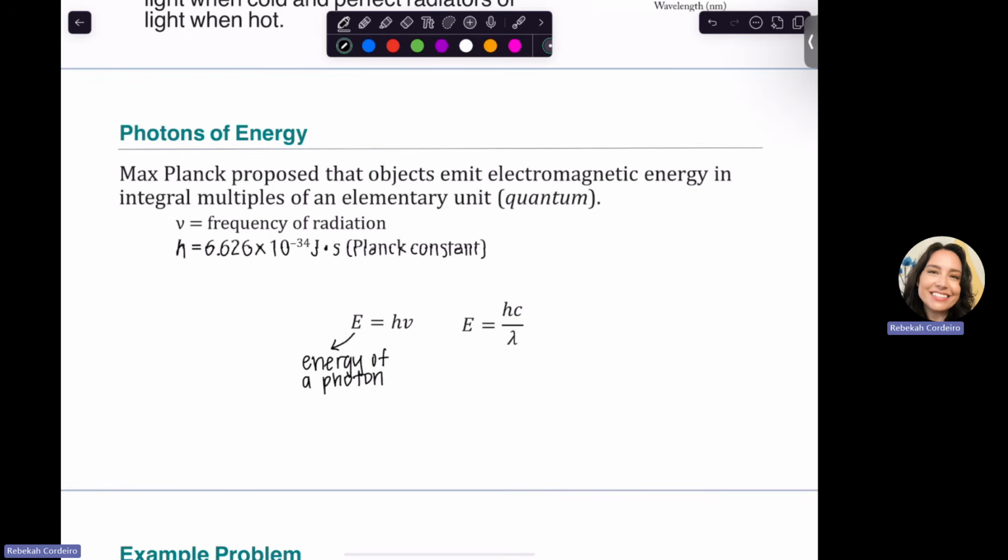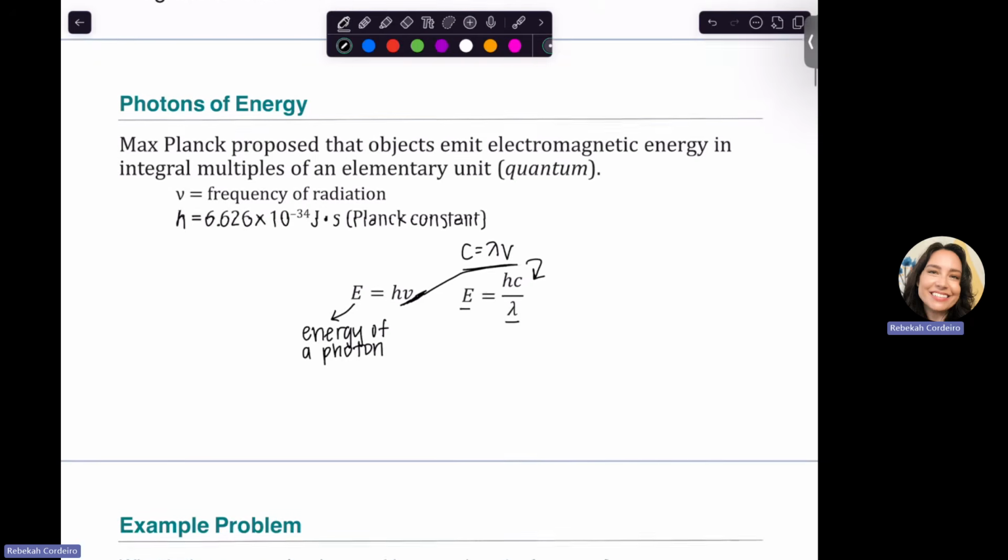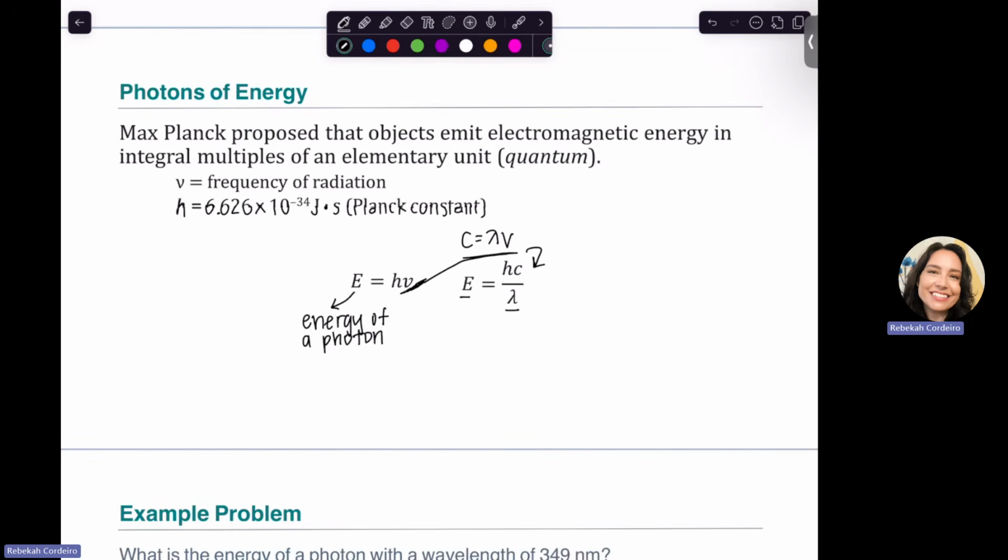Now, if we combine this equation with this equation, combine this one and this one, so combine E equals h nu and c equals lambda nu, we get this equation. So you can relate wavelength to energy using this equation. You will have to memorize these. So I recommend that you memorize these two and then just know how to algebraically connect them.